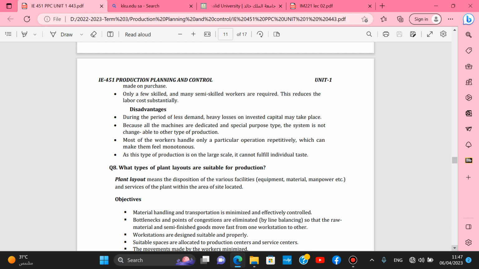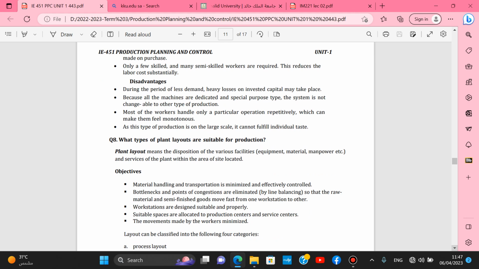So the four types of production system, and now we will speak about what types of plant layouts are suitable for production. الموضوعين هذا مرتبطين ببعض اللي هما types of production systems and the plant layouts.